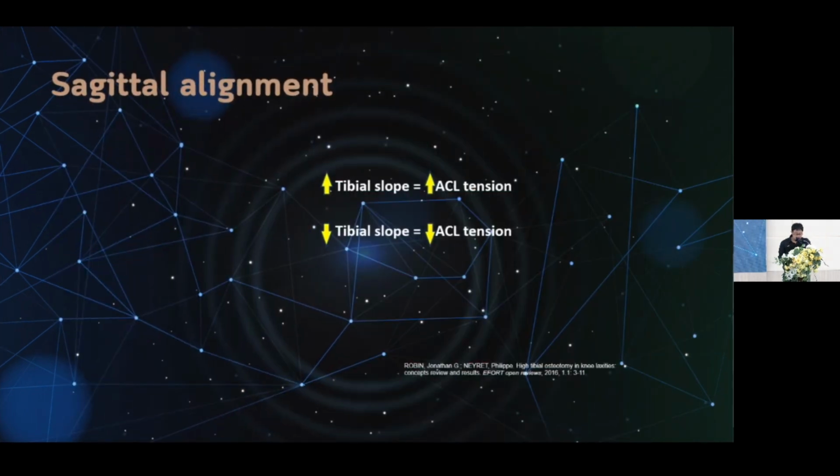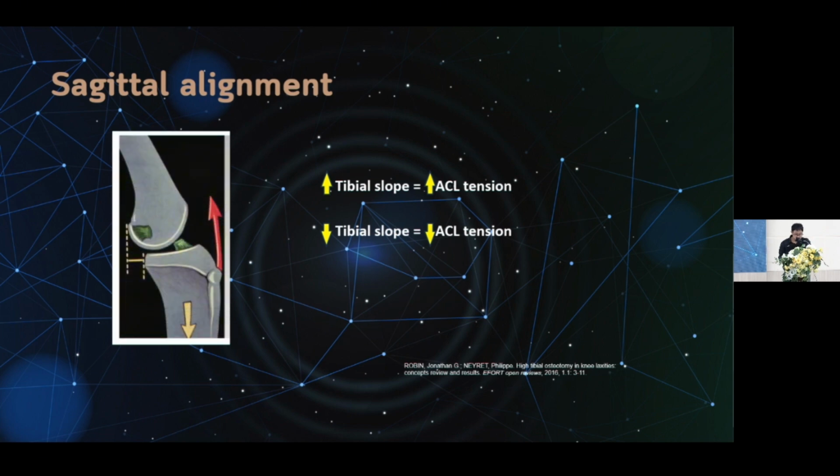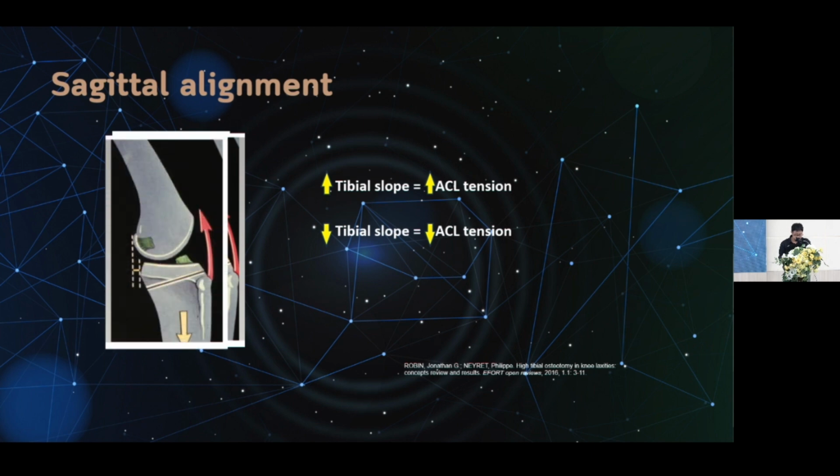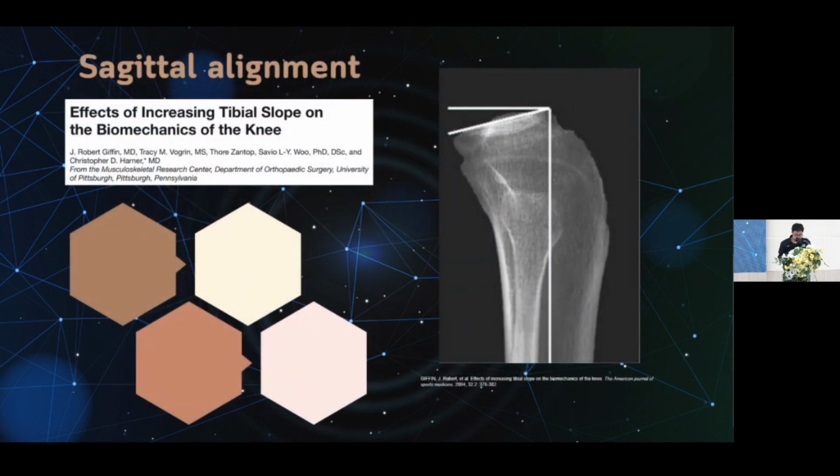In the case of sagittal alignment, several studies have shown that posterior tibial slope directly affects ACL tension. In this picture, the tension on the ACL increases as a result of increased anterior tibial translation and an increased tibial slope when the quadriceps tendon contracts. In contrast, a decreased tibial slope leads to lower tension of the ACL.